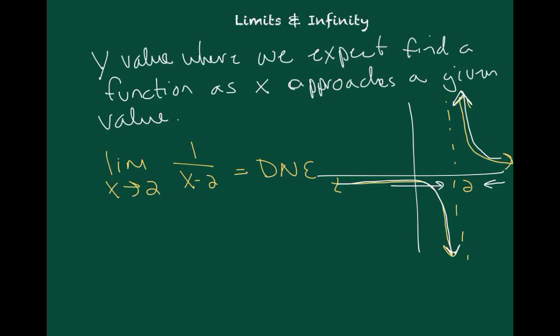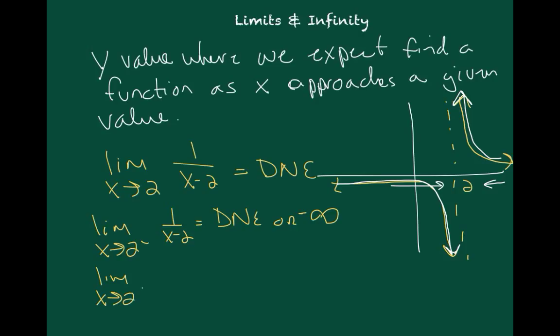Now, it is worth noting that the limit as x approaches 2 from the negative side, or from the left side, also does not exist, but sometimes you'll see it referred to as going to negative infinity. And in the same vein, as x approaches 2 from the positive side of 1 over x minus 2, coming from the right side, we'd also say that does not exist.